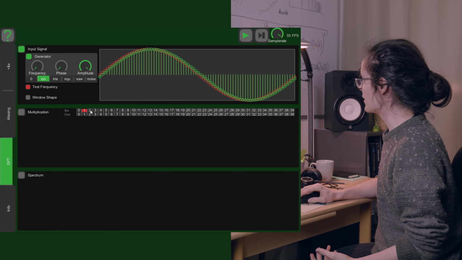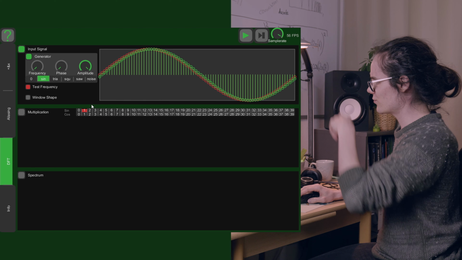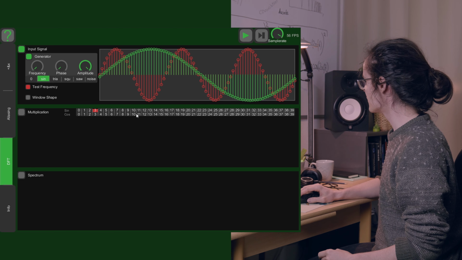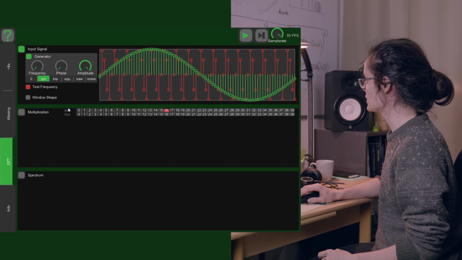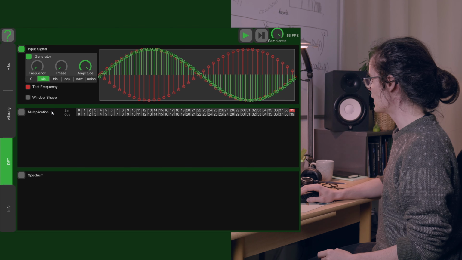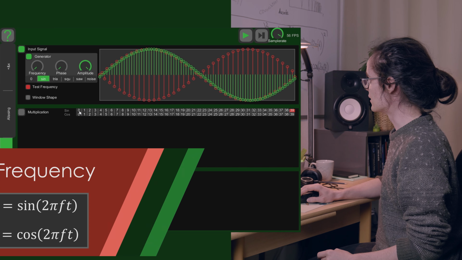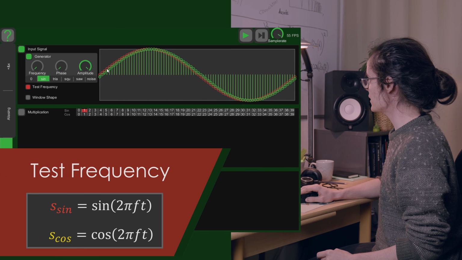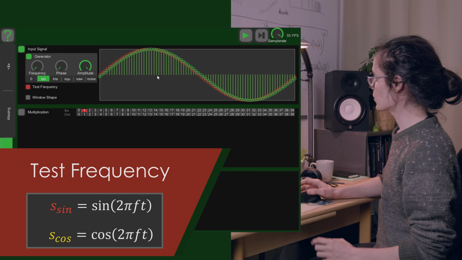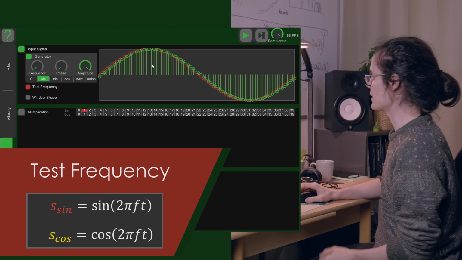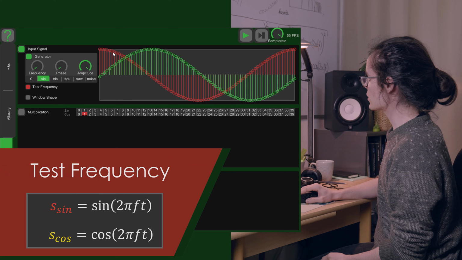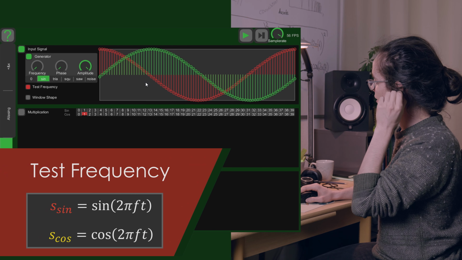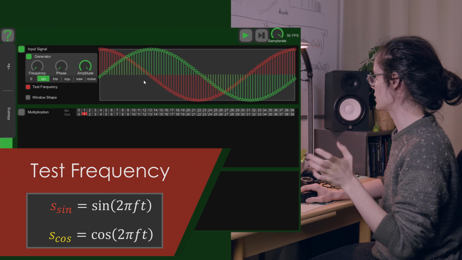So instead of sweeping one test frequency around, we have simply 40 test frequencies from 0 to 39, and also always as a sine part which is straight in phase, and a cosine part which starts a quarter of the period earlier.